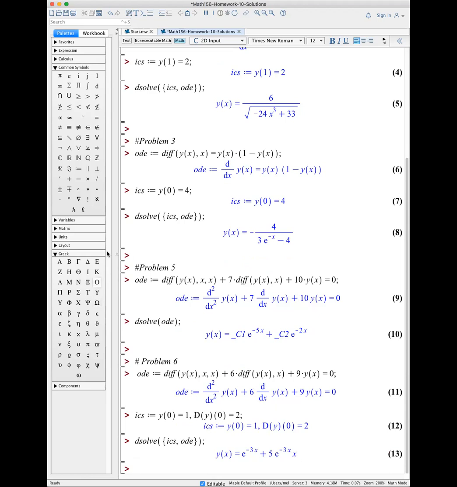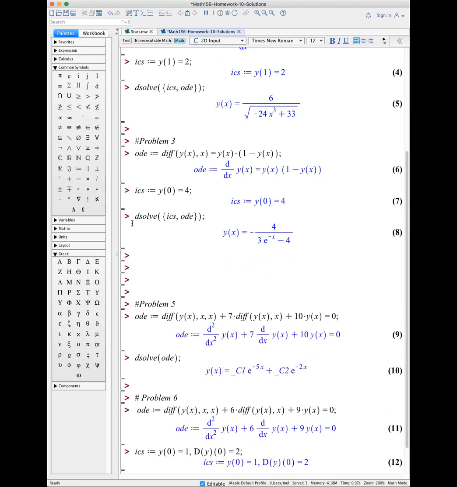Maybe just for completeness, because I'm going to post this, let me put in problem 4. So everything is here. Problem number 4 is with sine. So dy/dx plus y of x equals sine squared of x.